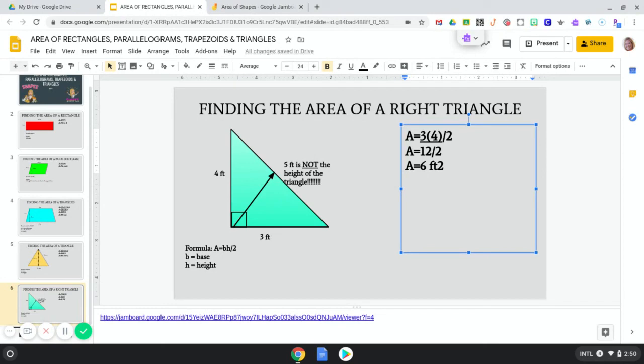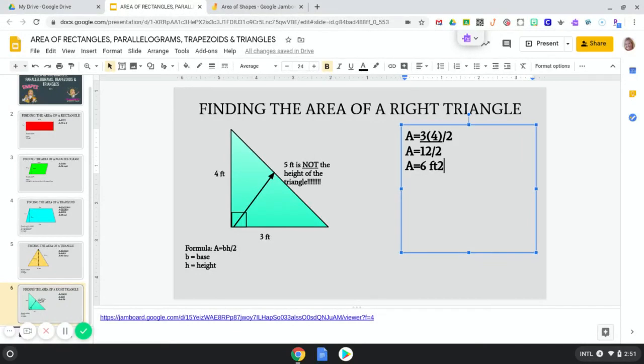Okay. So now you are going to find the area of a right triangle on your own. Also during this video and while you're answering these questions, don't forget all of this is in Google Classroom.